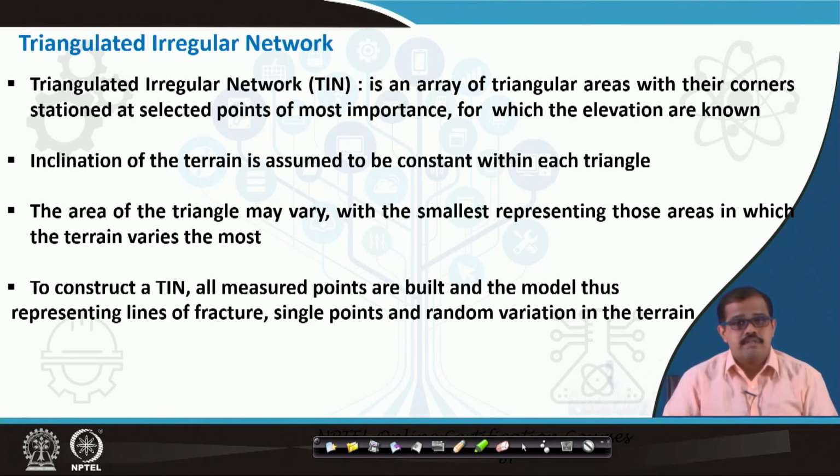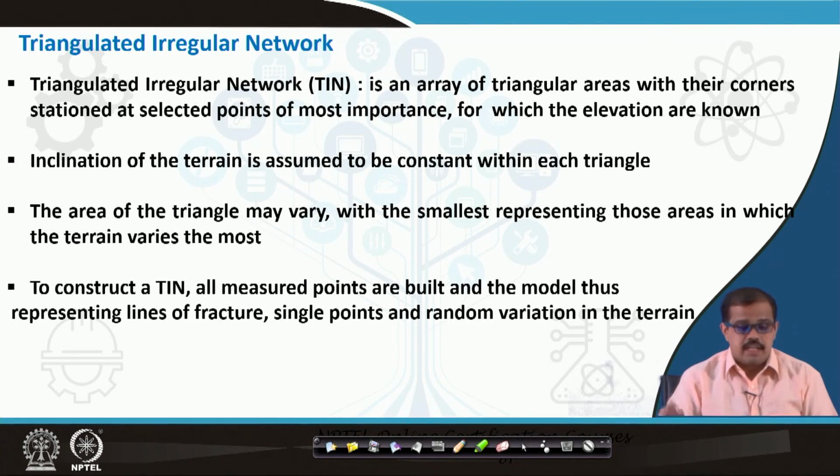Then the inclination of the terrain is assumed to be constant in each triangle. So here also we have an approximation, unlike the gridded model. Inside a triangle, we assume that the value remains constant. That is what the triangular irregular network is about.